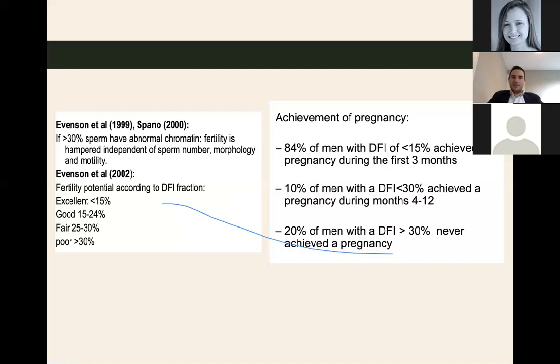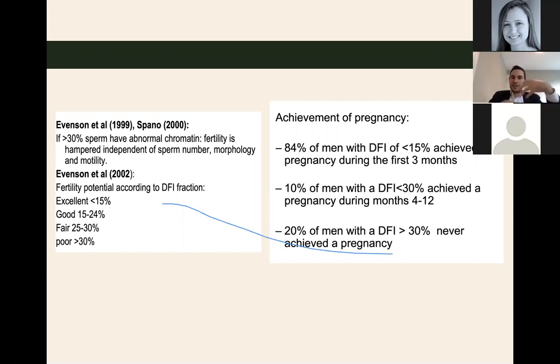And again, this is only a correlation. This does not mean that a man who has a high DNA fragmentation index would not be able to naturally conceive. This means that it may take some more time, or he might need some assisted reproductive therapies. This is only a correlation and an association. There is no direct link between DNA fragmentation index and pregnancy.